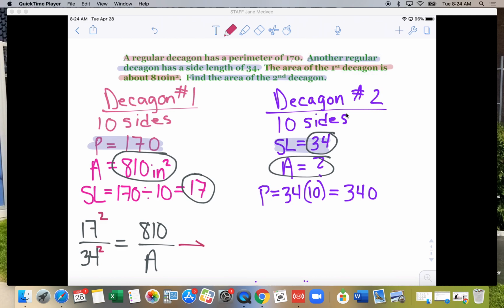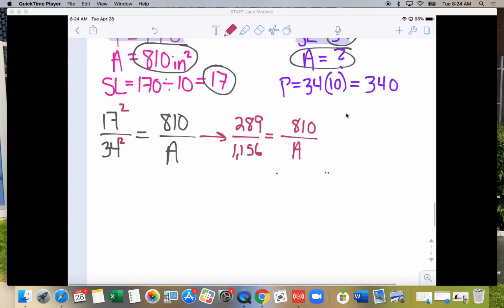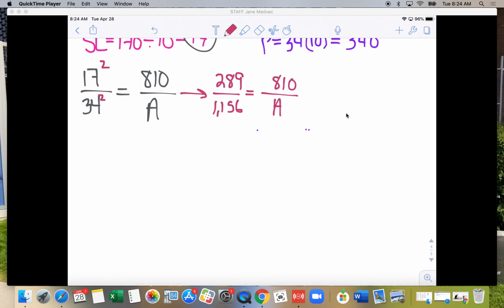So then what I'm going to do is I'm going to grab my proportions, and I'm going to take 17 squared, and I get 289 over 1,156. I've got 810, and I've got the area. Then what I'm going to do is I'm going to grab my cross products.